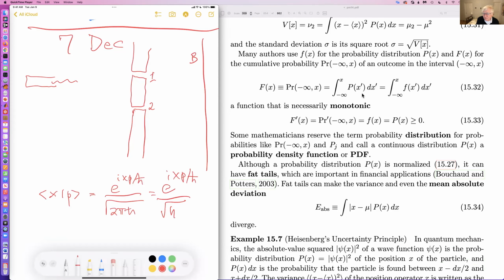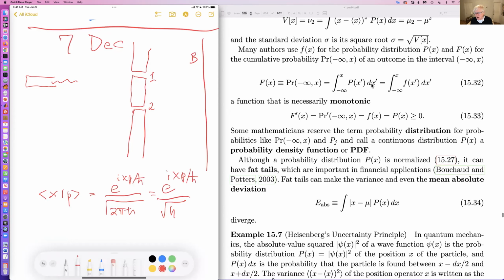Mathematicians and professional statisticians often use f of x for a probability distribution and capital F of x for a cumulative probability distribution. In other words, the statistician might say capital F of x is the cumulative probability distribution from minus infinity to the point x, which a physicist might write as the integral from minus infinity to x of p of x prime dx prime.